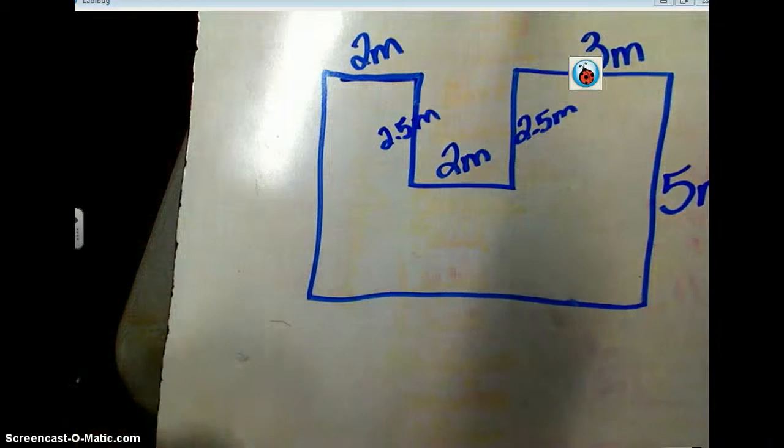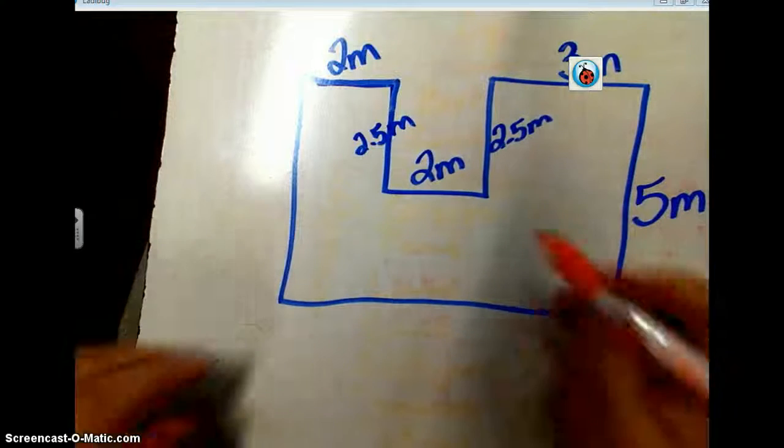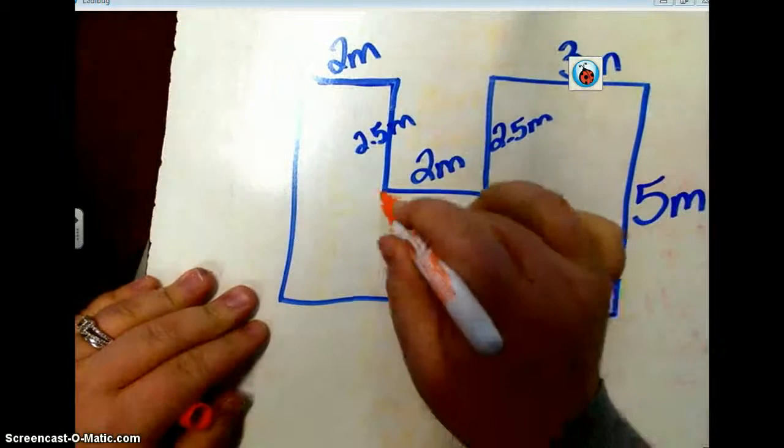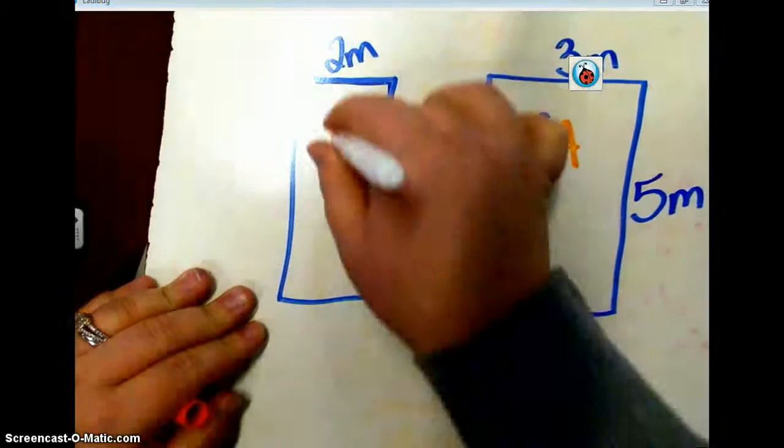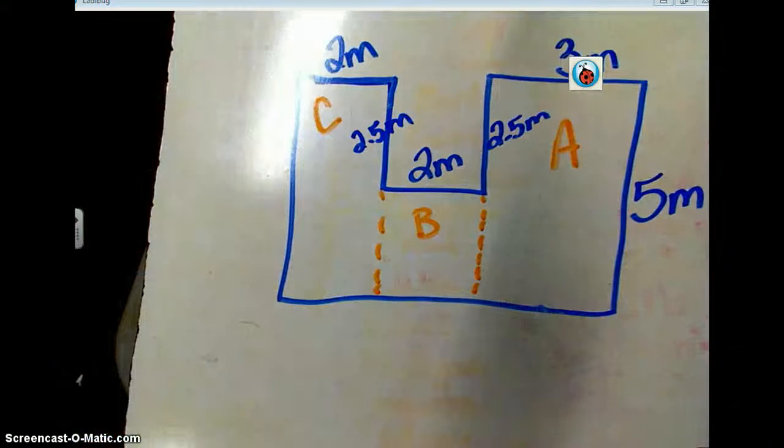Luke, please pay attention. Paul, please pay attention. Into 3 rectangles. Rectangle A, rectangle B, rectangle C. Okay?